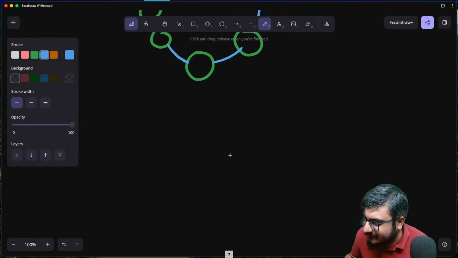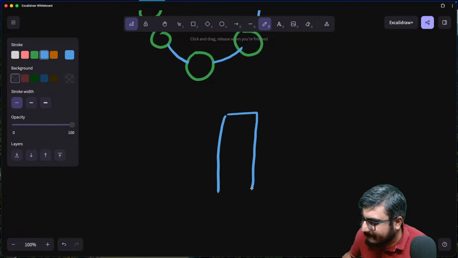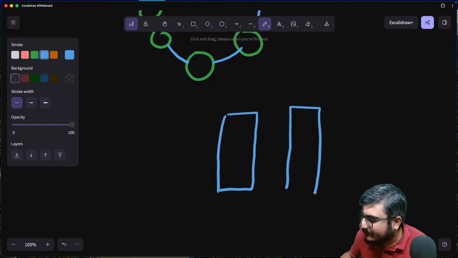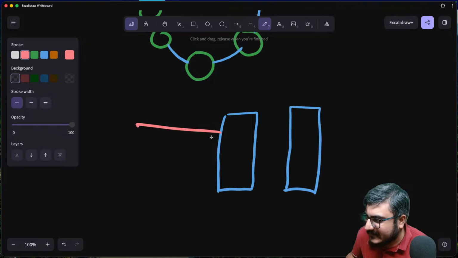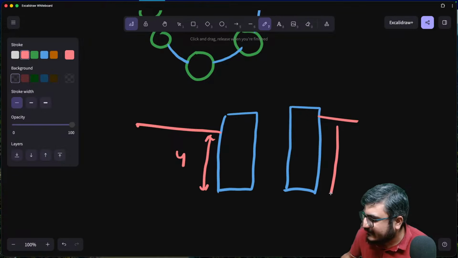For example, if you have a long well like this, let's say there is a pipe connecting over here at height 4. There is a pipe that's connected at height 5, and then these two wells are connected at height 3.